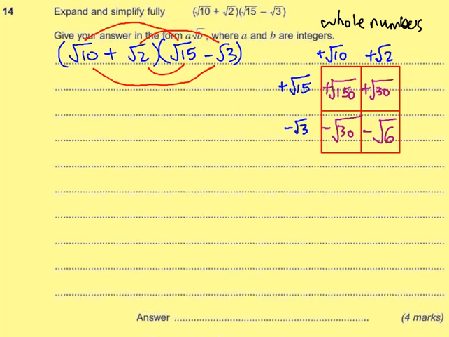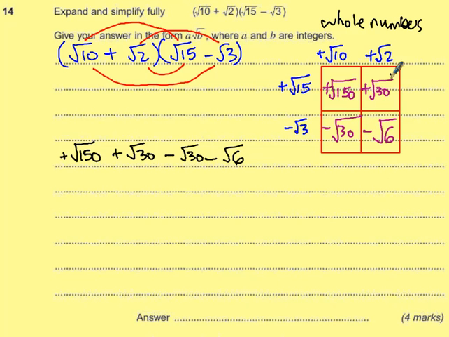So we're now going to collect our terms together here. So we're going to have square root of 150 is positive, plus the square root of 30 in the top right hand corner, negative square root of 30, which is minus square root of 30, minus the square root of 6.